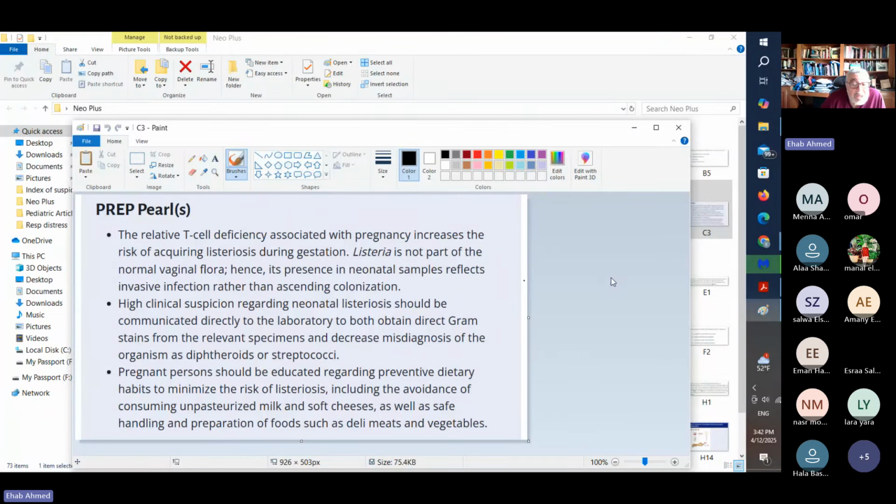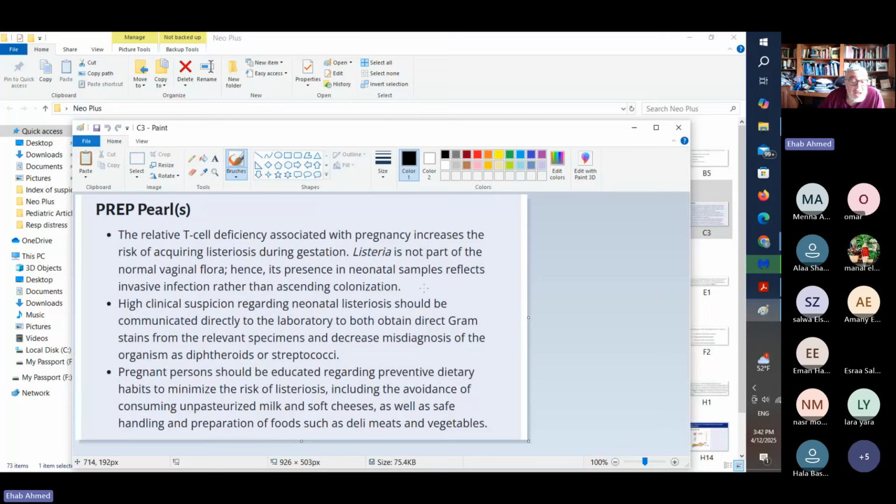So please, when you send a culture, let the lab know that because of the clinical scenario, we are suspecting the possibility of listeriosis. Can you please check for listeria? And it's before you send us that report of diphtheroids or streptococci.